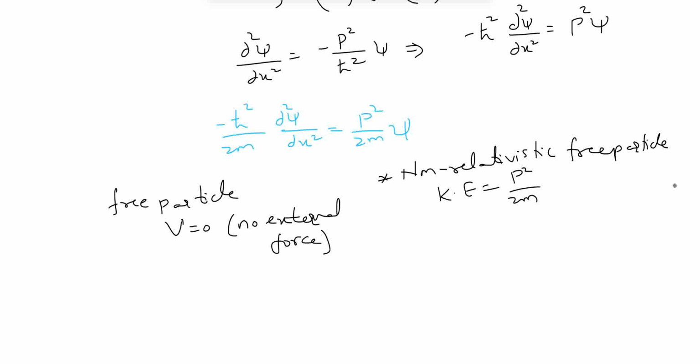So for a free particle and non-relativistic, we have seen that kinetic energy is equal to p square by 2m. Total energy is the sum of kinetic energy and potential energy, but for a free particle the potential energy is zero. So this will end up as p square by 2m.